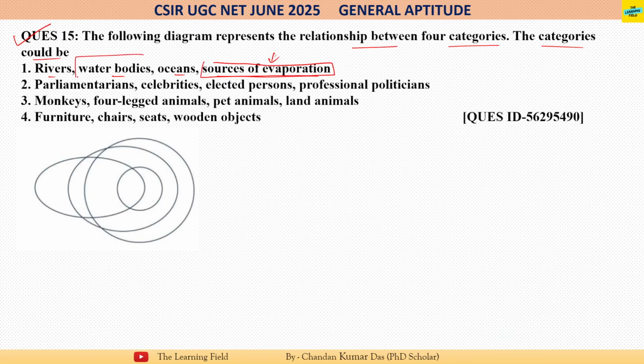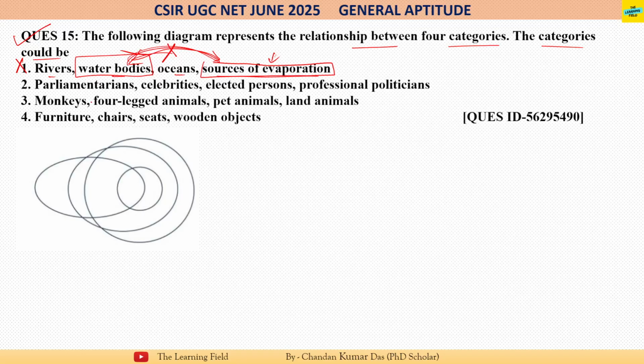But for the relation between water bodies and evaporation, there is no relationship. Water bodies is a living body, you can say. But there is no relationship between water bodies and evaporation. And here, if we see the picture, all four have at least one relationship, but these two have no relationship. Therefore, we can discard this option.